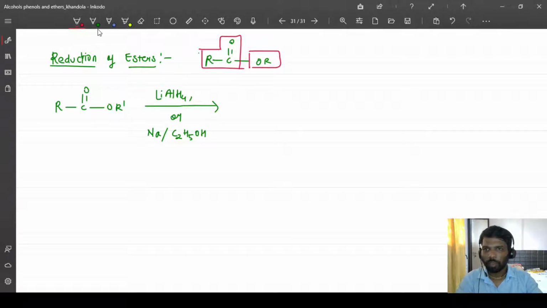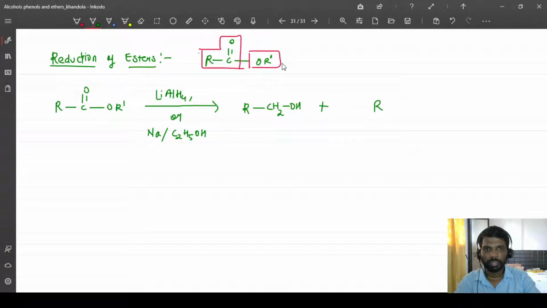From this part it is R, C, and I will be adding two hydrogens to this, and oxygen is there. So altogether there are three hydrogens, means RCH2OH, and the other alcohol I am getting is from the R dash part.